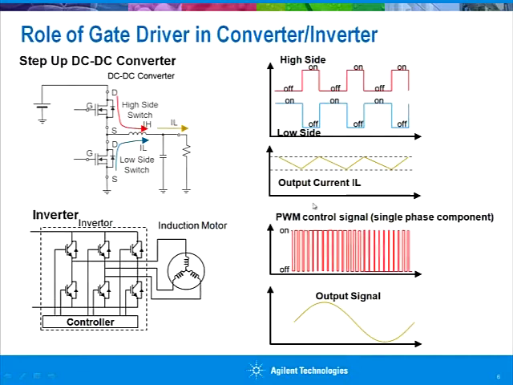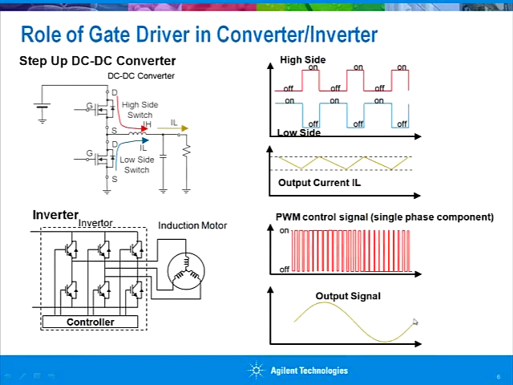In the DC-DC converter, the duty ratio of this switching determines the averaged output current of the converter. Also, for inverters, this switch is controlled by a pulse width modulated control signal like this, and its output becomes an AC signal like this.